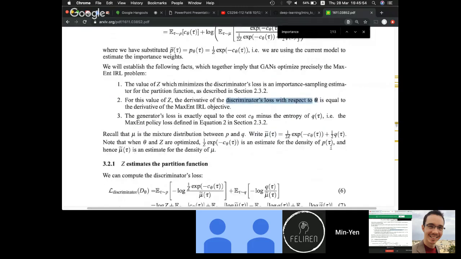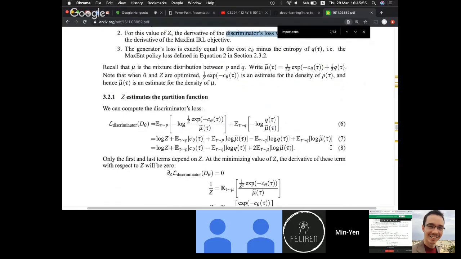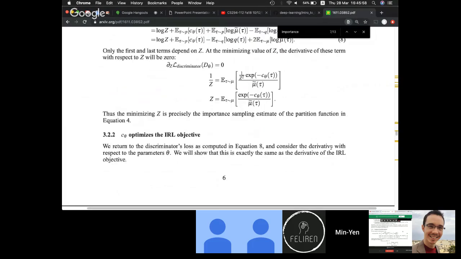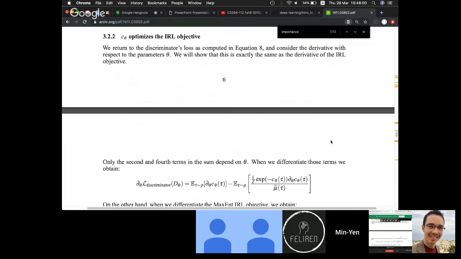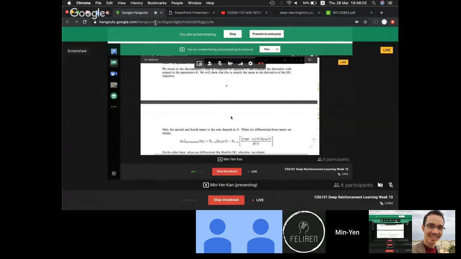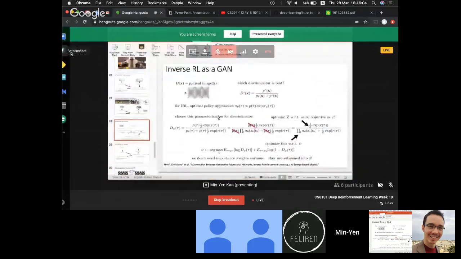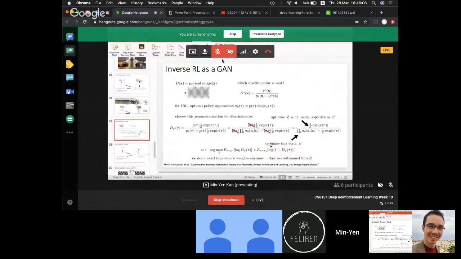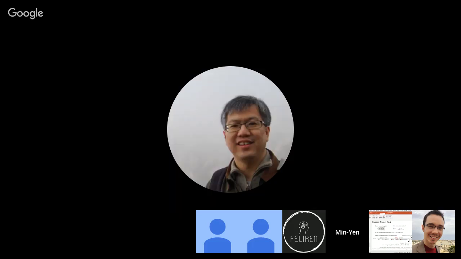I don't think it's going to get too detailed from here, so I'm not going to go further with that. Shall we go back to your slides? So with that, we end up with this value for the discriminator parameters for a particular trajectory tau.